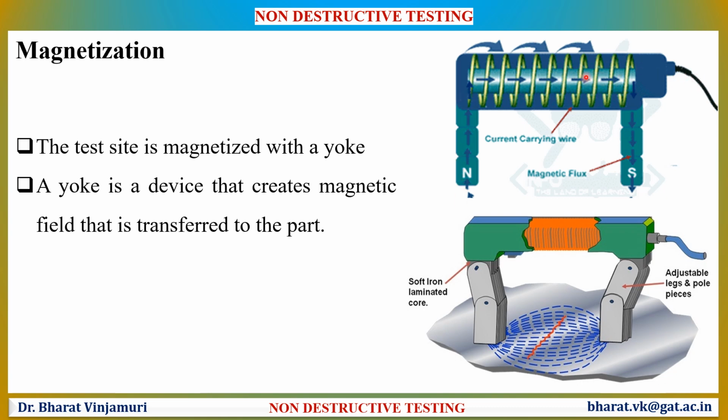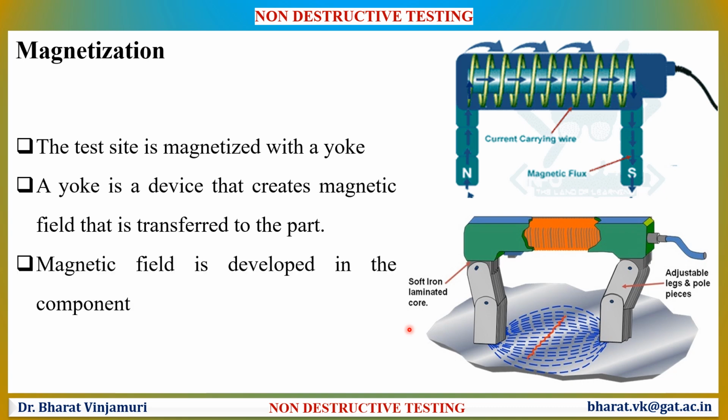This magnetic field is transferred into the test piece through adjustable legs. The process makes use of either an AC or DC power source. Once the component is magnetized, a magnetic field is developed in the component.